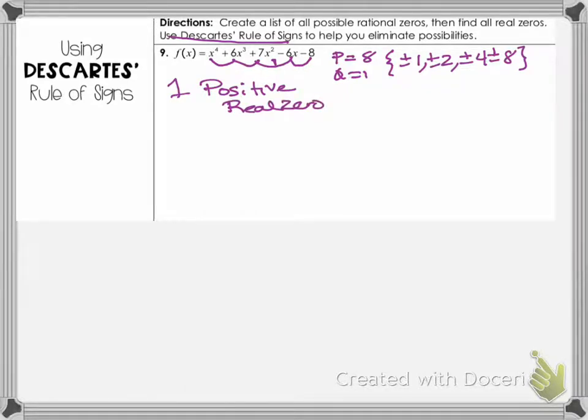Okay, well, wait a minute. That means I can try positives, and I know one of these has to work. 1 or 2 or 4 or 8 has to work. So I'm going to start with my standard, positive 1, and see if that works.